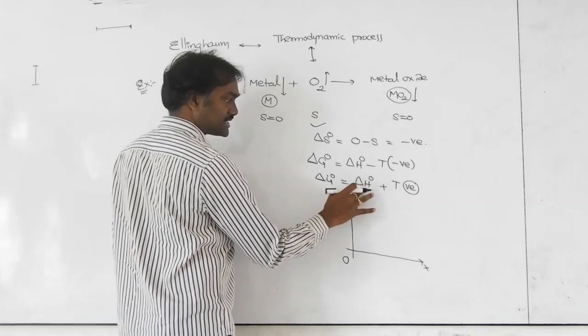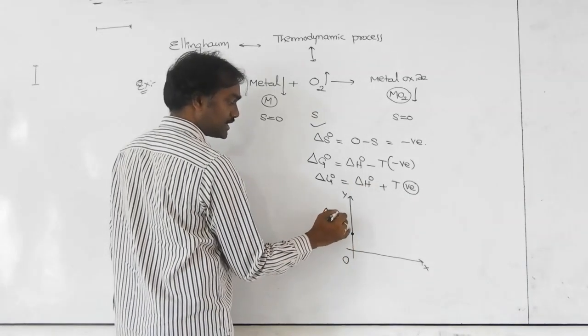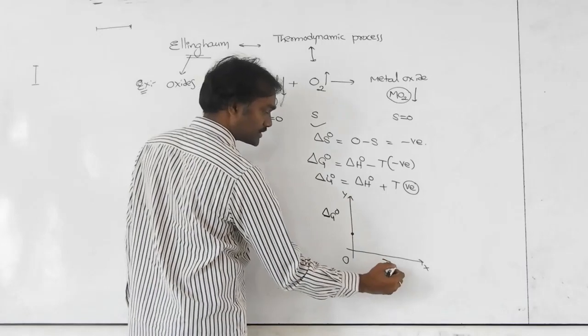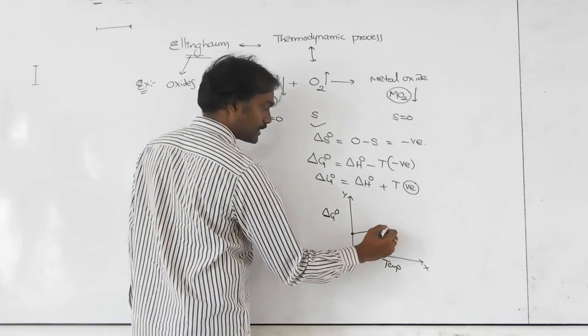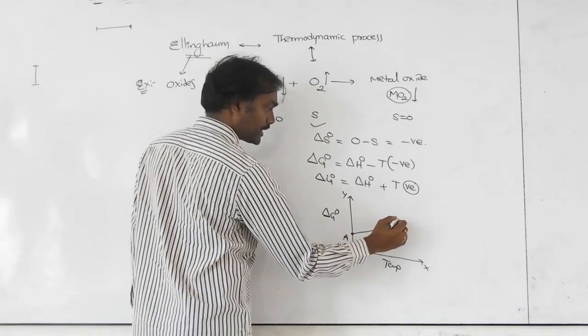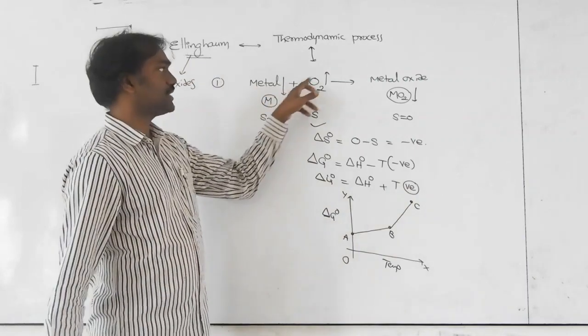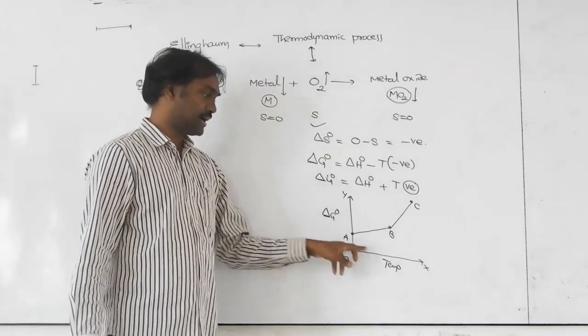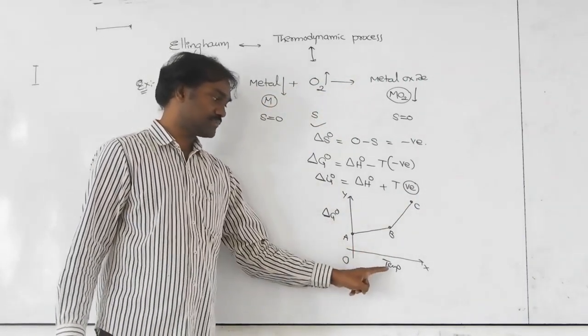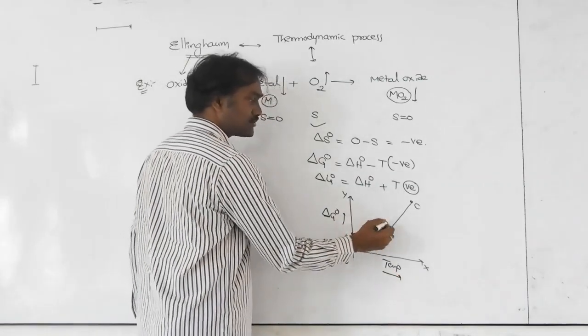From the starting value c, delta G naught rises with temperature up to here, A to B. After the temperature increases, it goes to C. So when a metal becomes a metal oxide, in the Ellingham diagram of delta G naught versus temperature, there is a positive slope.